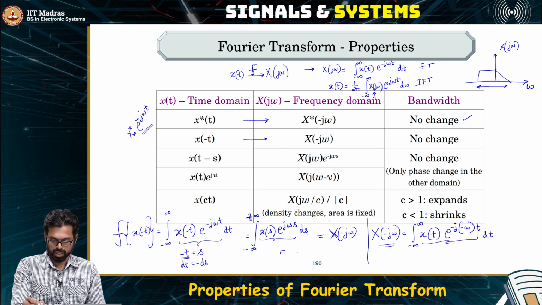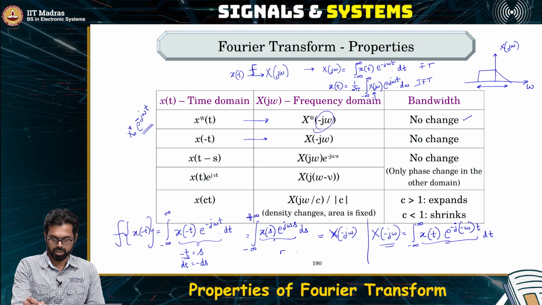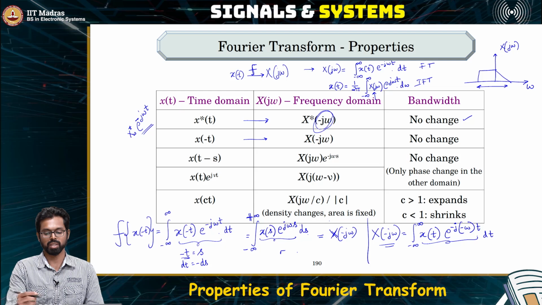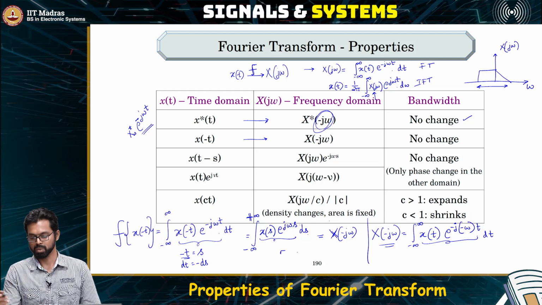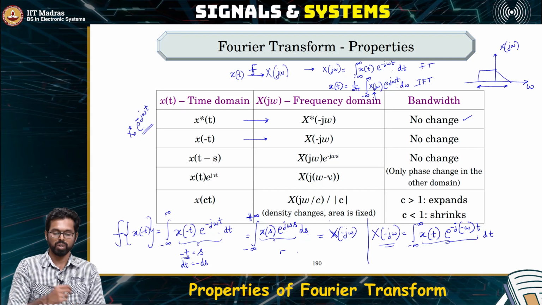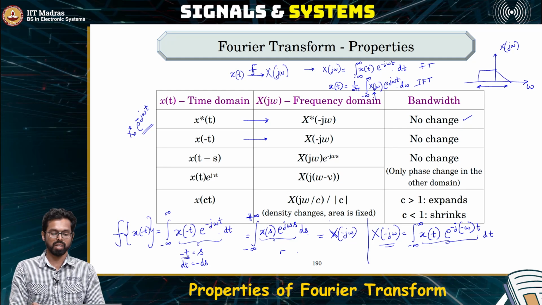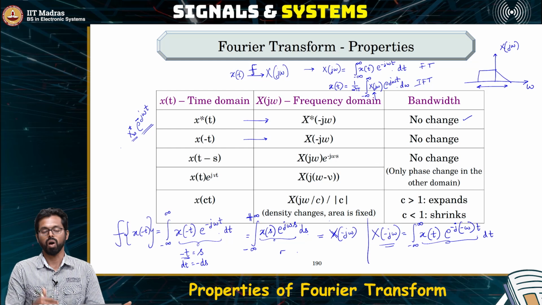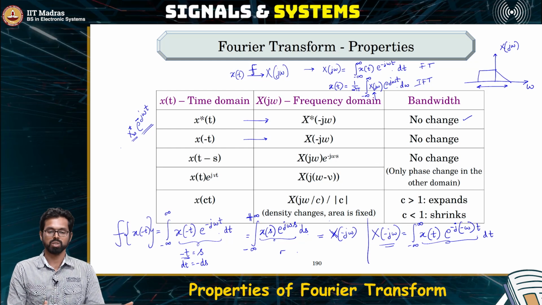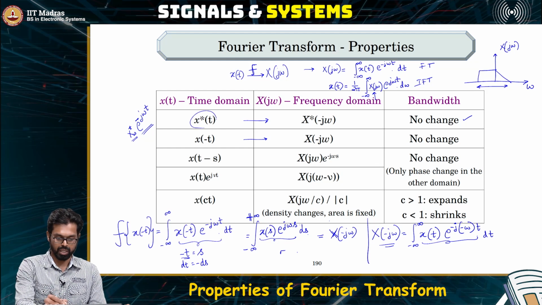So positive frequency becomes negative frequency and negative frequency becomes positive frequency. Not only are you changing the sign of the frequency of the phasor, but the phase of this particular phasor is also changed when you take the conjugate.